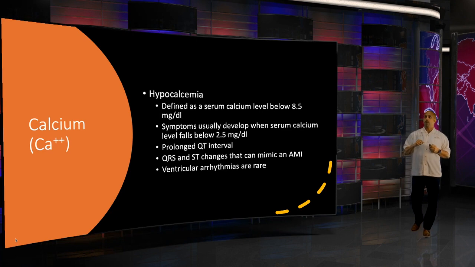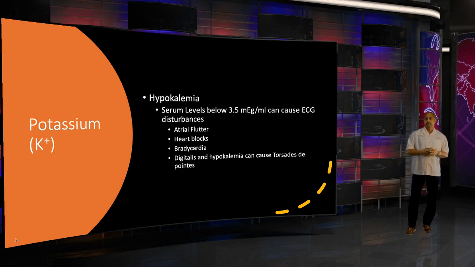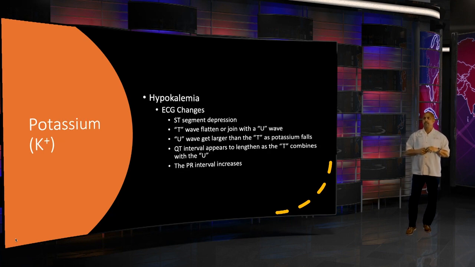All right, so let me go back one slide. I went too fast. When you talk about hypokalemia, we could have some ECG changes, and we can actually see ST depression. I'm glad I'm talking about this here because in part 2 of cardiology, we're going to talk about ST depression and ST elevation.